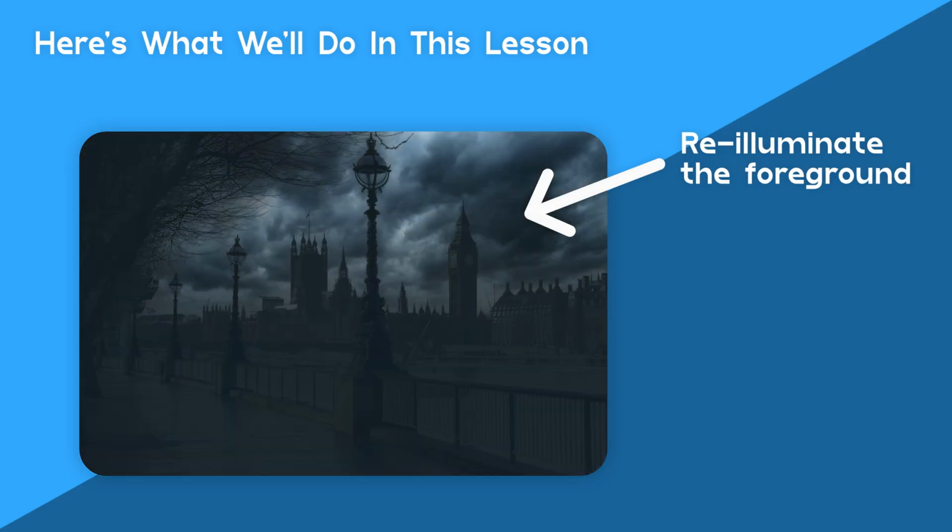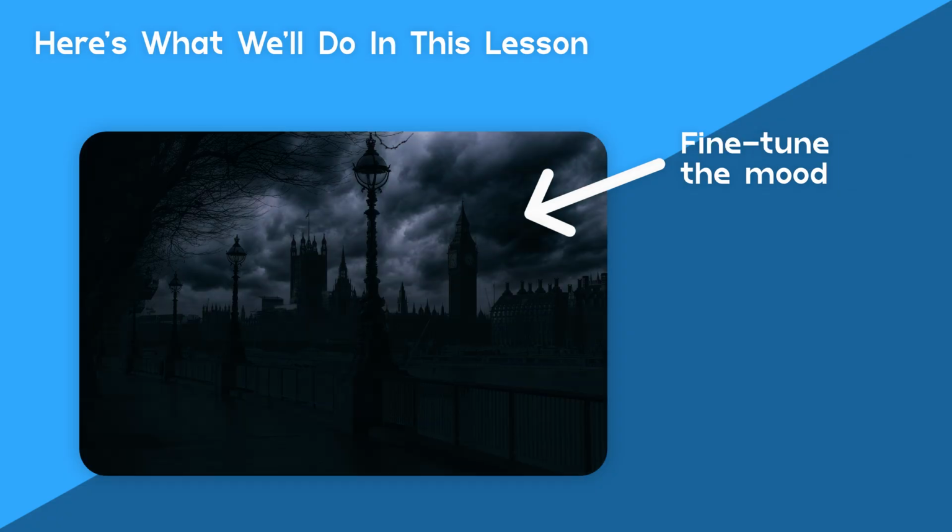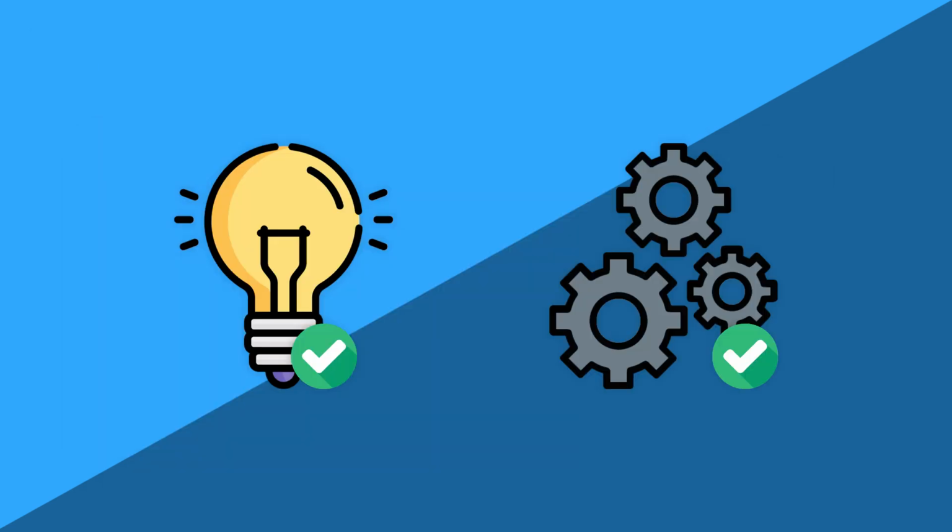Next, we will re-illuminate the foreground by sampling colors from the sky and then paint them into the scene, so the image feels naturally lit. And finally, we will fine-tune the mood by controlling brightness, saturation, and color to push the scene towards a realistic night look. By the end of this lesson, you'll understand how light works and how to control it.